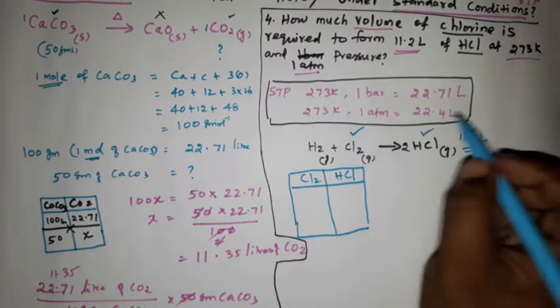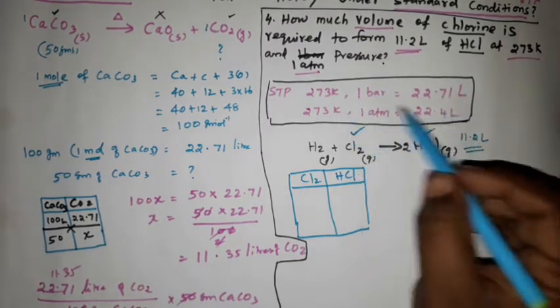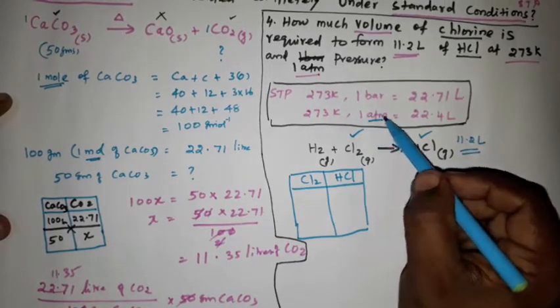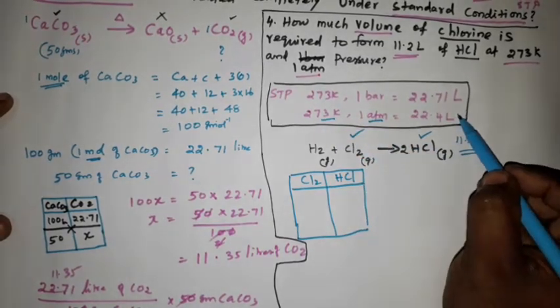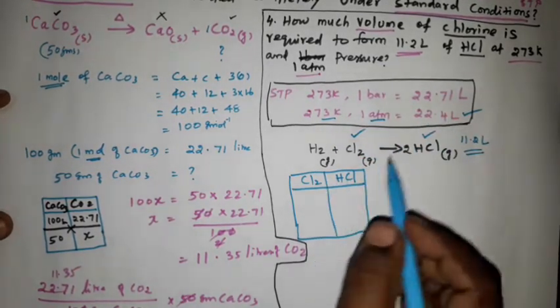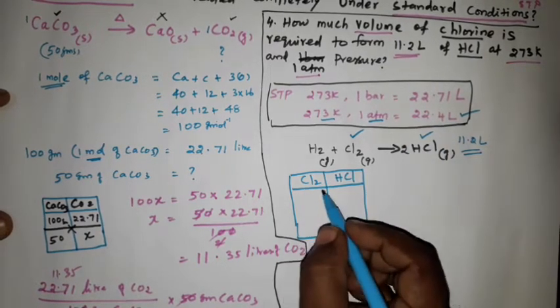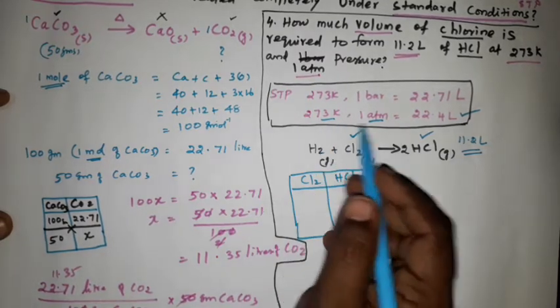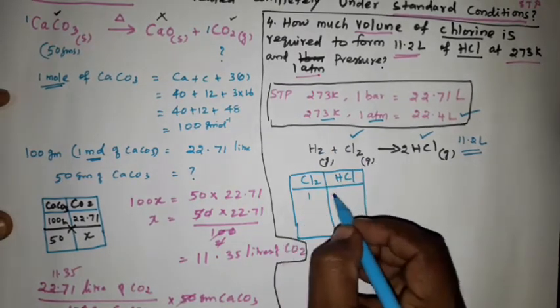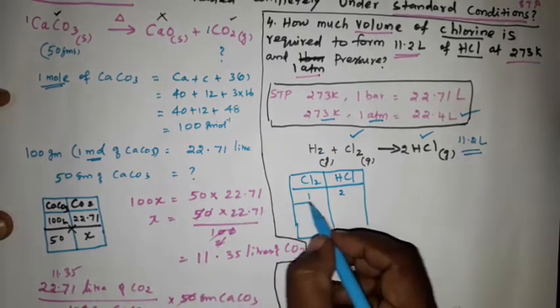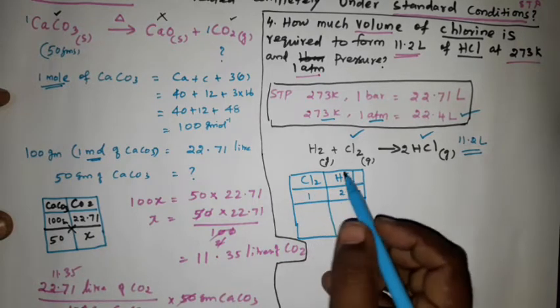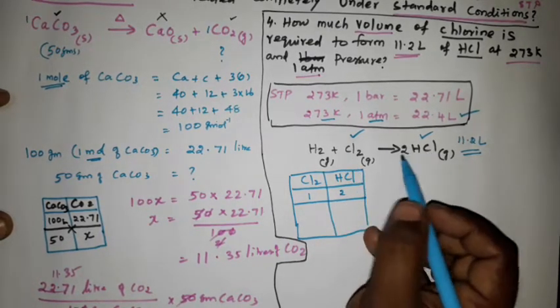The question is about how much chlorine is required to form 11.2 liters. Okay. So according to the molar volume points, so atm, here this Kelvin, you have to take this 22.4. So 1 mole will produce 22.4 liter. According to that equation, here 1 mole of chlorine, here 2 moles of HCl.